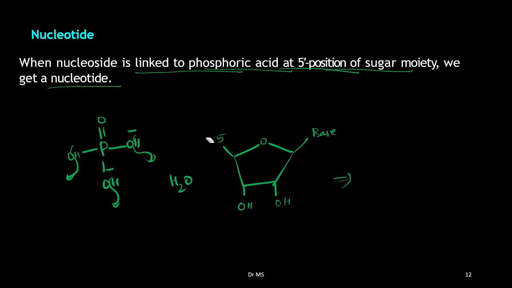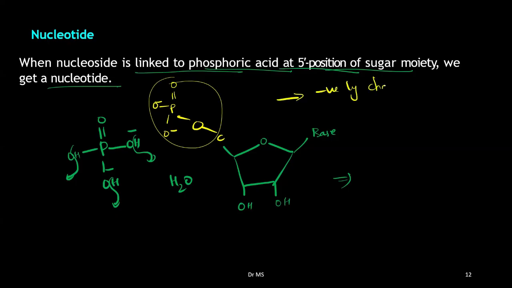So whatever oxygen is there, it will come and attach here. All are containing negative charges because they are losing the hydrogens and turning into ions. Because of this phosphate group, the DNA is said to be negatively charged. Remember this. Whatever OHs are on the phosphate group, they will lose the hydrogen and turn out to be O minus.